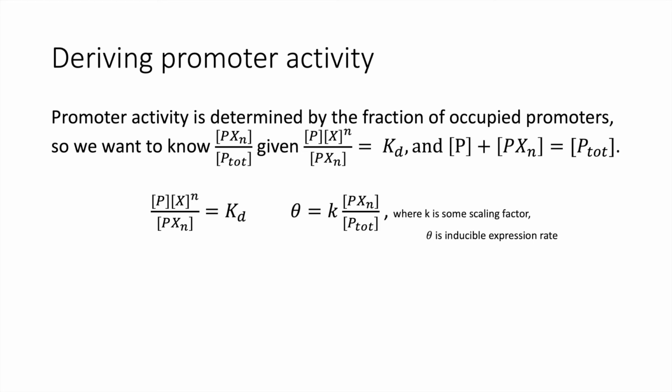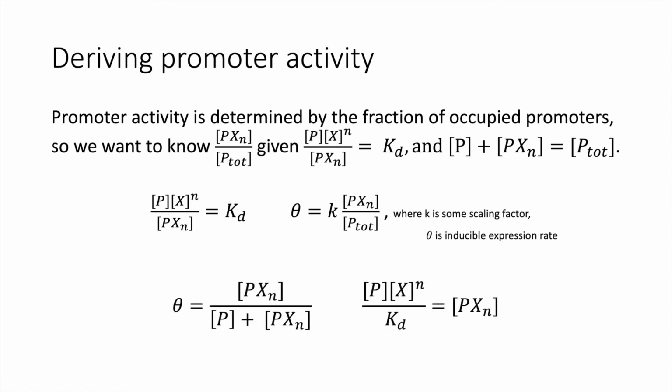And then we have k, which is some scaling factor, since it's not exactly related to the fraction of occupied promoters, so we add in this scaling factor. So we rearrange the equation for theta to have P_tot on the bottom instead, P plus PX^n. Note there is a typo there, there should be a k there.